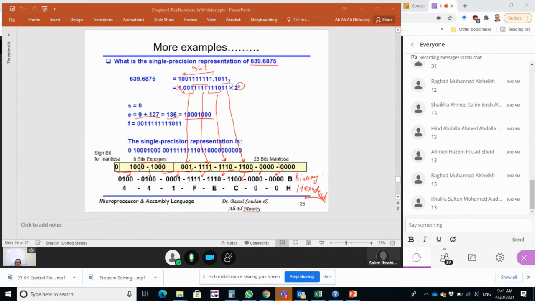طيب. The fractional mantissa in the single precision floating point of the IEEE standard has 23 bits. So what shall I do? I have to extend the number to the right with zeros. منين الزيروز دي؟ Just to complete the 23 bits.